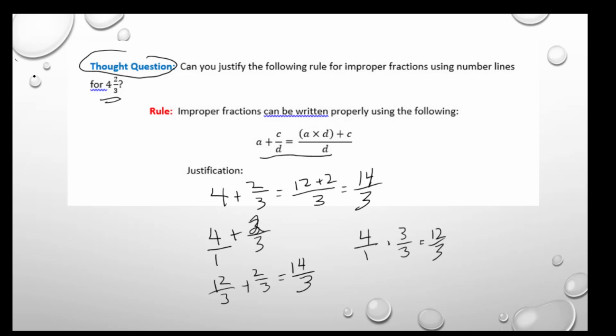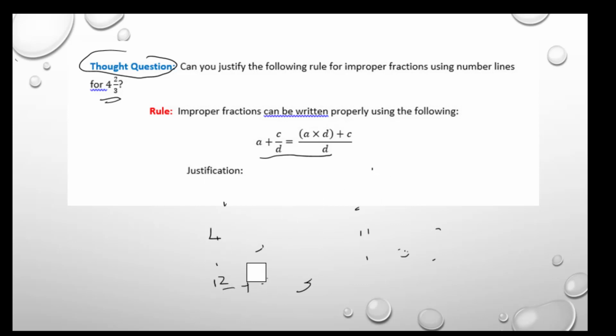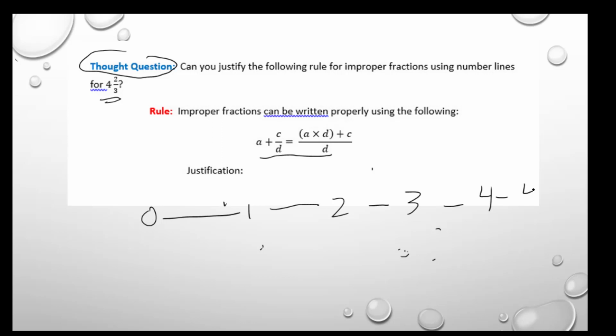Okay, now I could use number lines too. Let me do this quickly with the number line. So here I have 0, 1, 2, 3, 4, and 4 and 2/3.